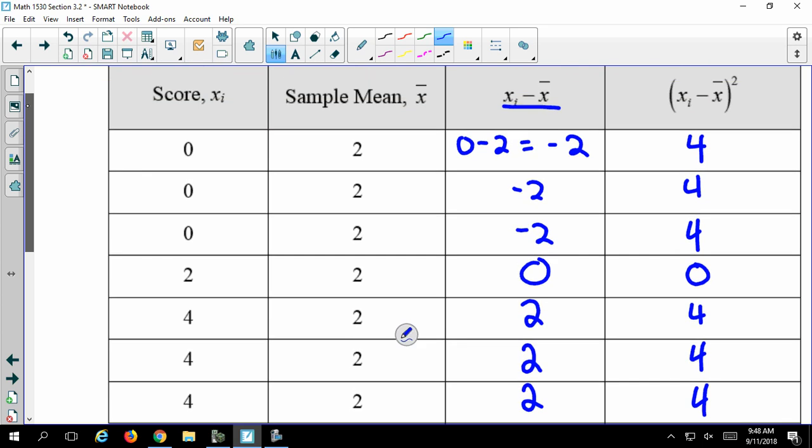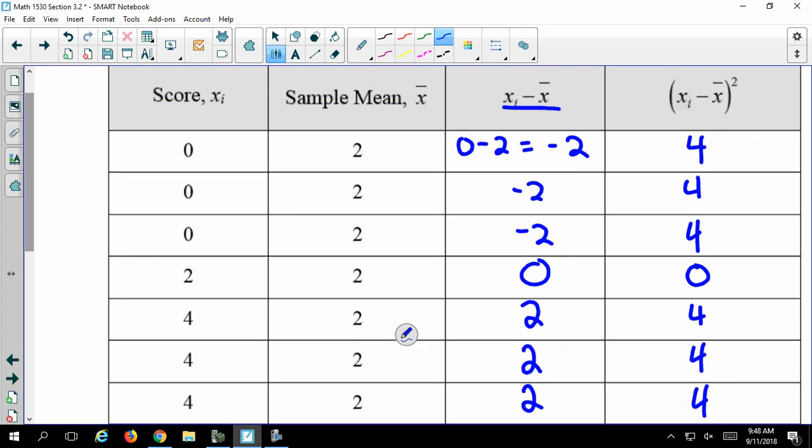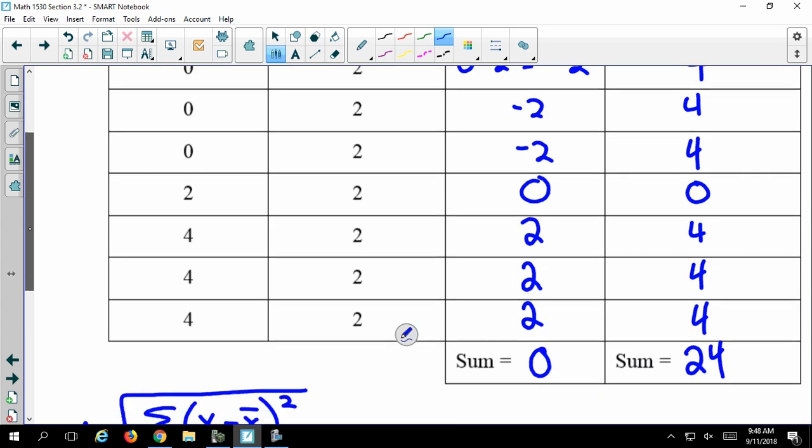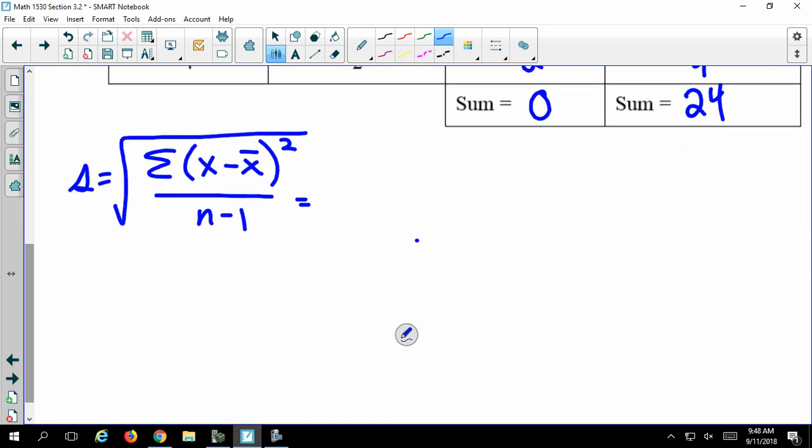We found all the squared deviations, and then we added the column. So that's the numerator of the formula there. So we've done this part. We figured out that was 24. That's the hardest part, getting that sigma number, the sigma of x minus x bar squared.